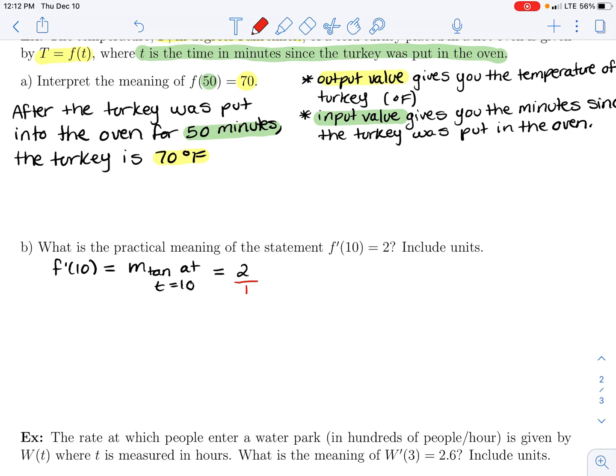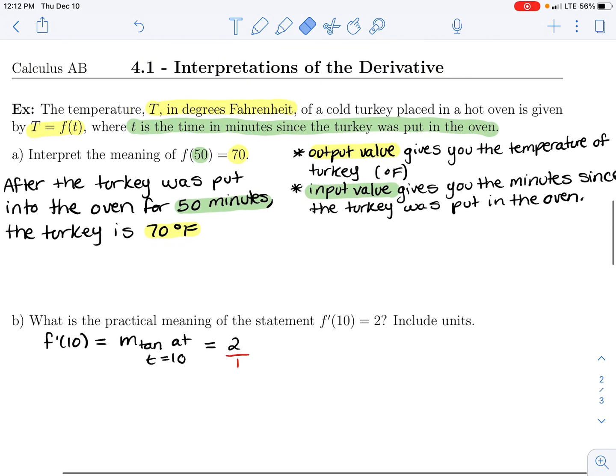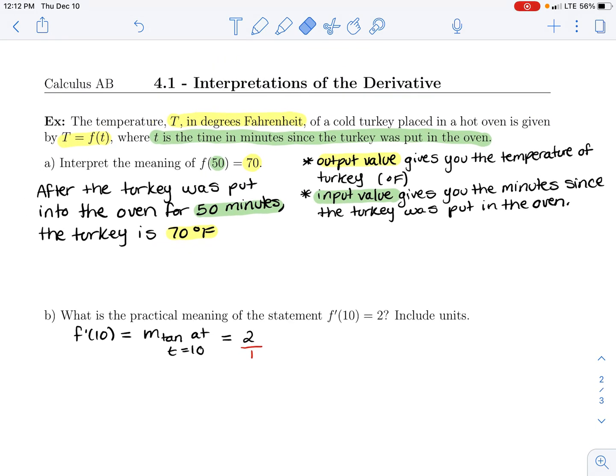And so here at the top is going to be my y values, so that's why I'm using the units for my output value, and the units for that was degrees Fahrenheit, if you go back and look at part A. And then here, this 1 is going to give me the units for my input, which was minutes. Okay, and I'm just going to extend this. And so really what this is saying is 2 degrees per 1 minute.